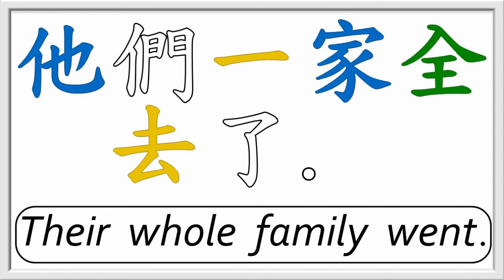The original ideogram suggests putting one's finest jade objects away for safekeeping, which gave rise to its current meaning of perfect, intact, whole, entire, or as a verb, to keep something whole and intact. For example, 他们一家全去了. Their whole family went. Literally, their one family all went.